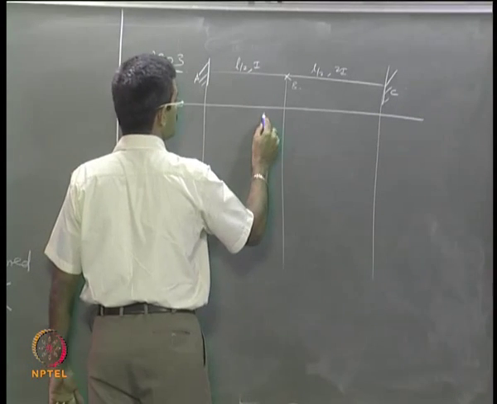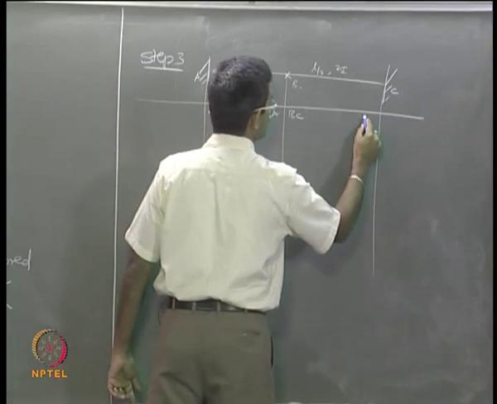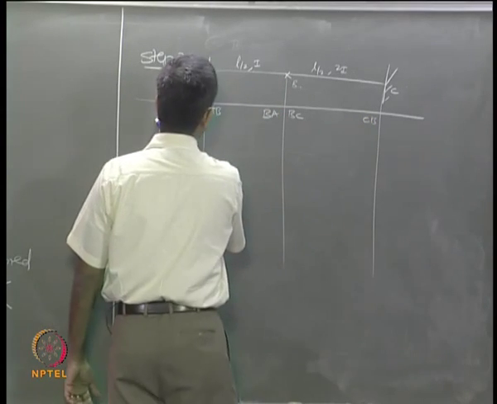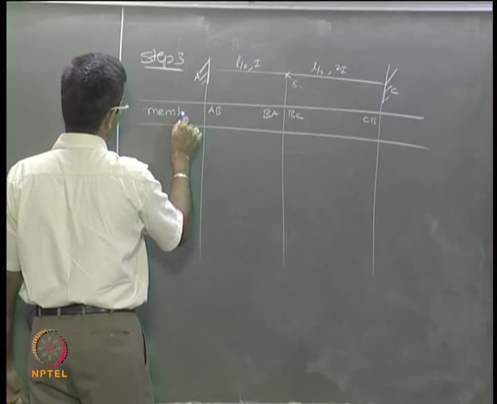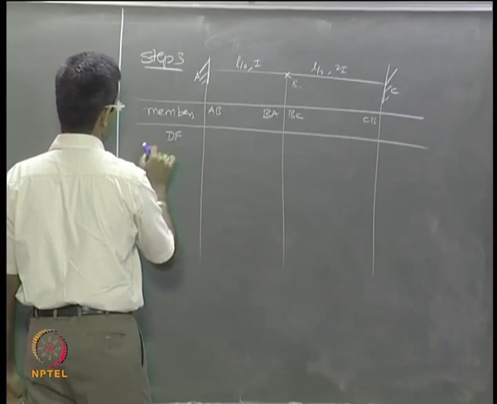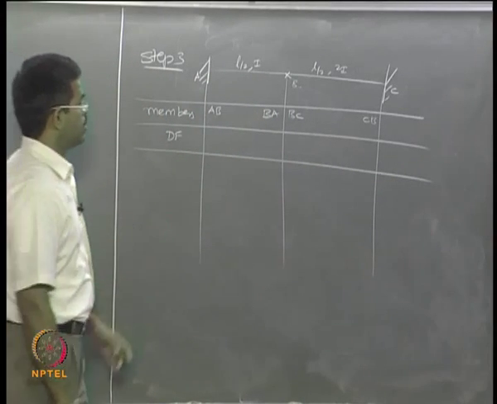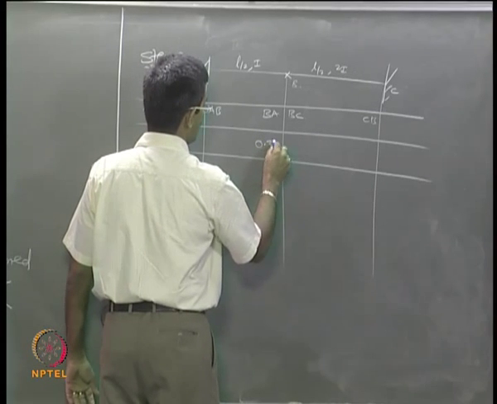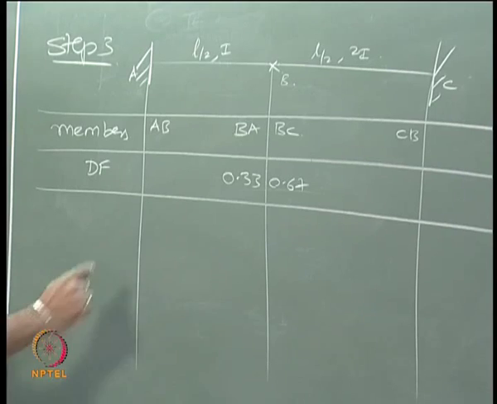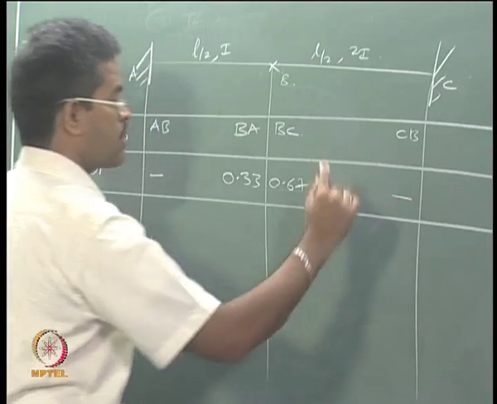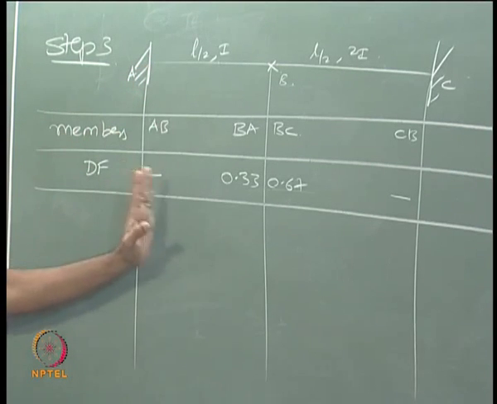This point B, so BA, BC, AB, CB, these are my members. Let me write the distribution factor. We already saw BA is 0.33 and this is 0.67. Of course, there are no factors done for the connections which has got only one member. This is only one point, so we do not need at A and C.